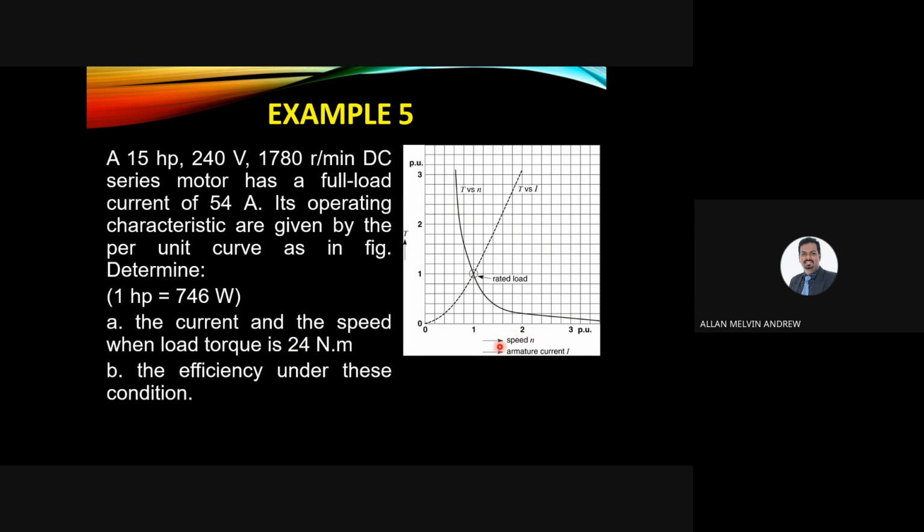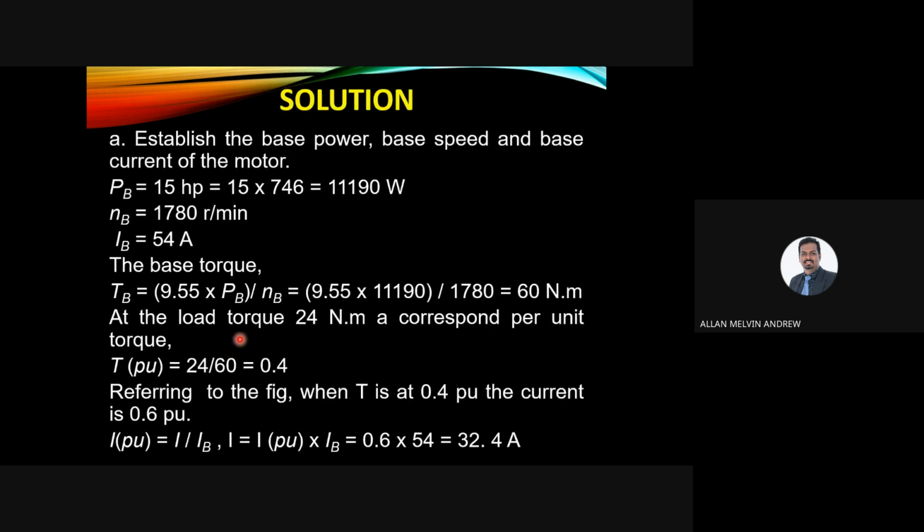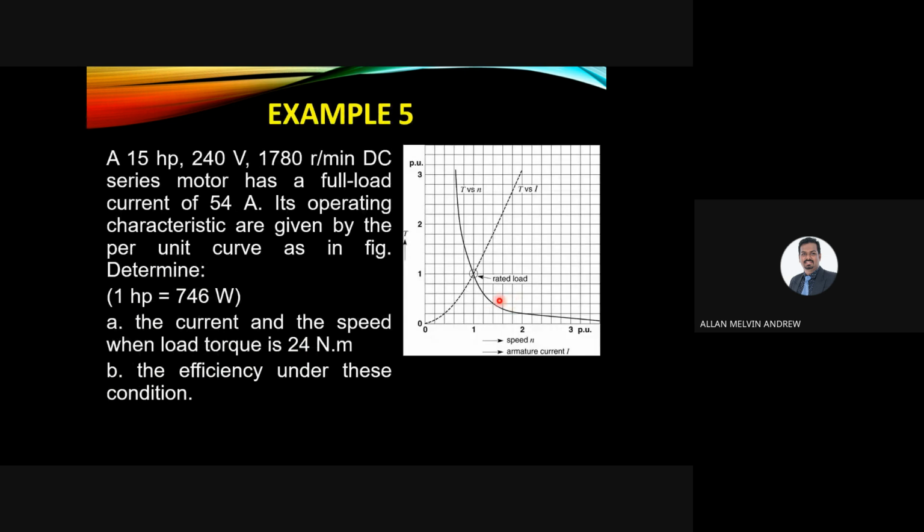The base torque is 60, so 24 over 60 is 0.4. Referring to the figure, when T is 0.4 pu, we can see.